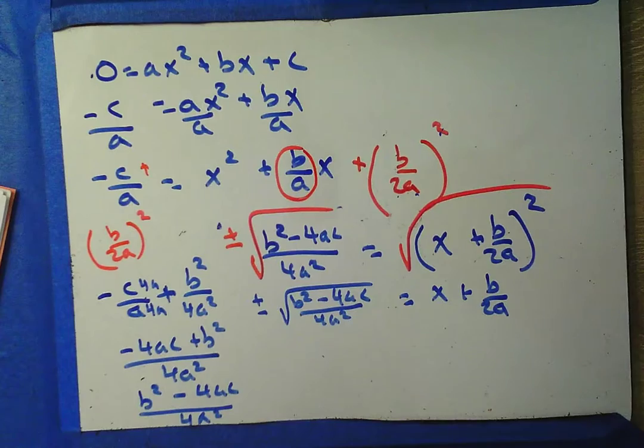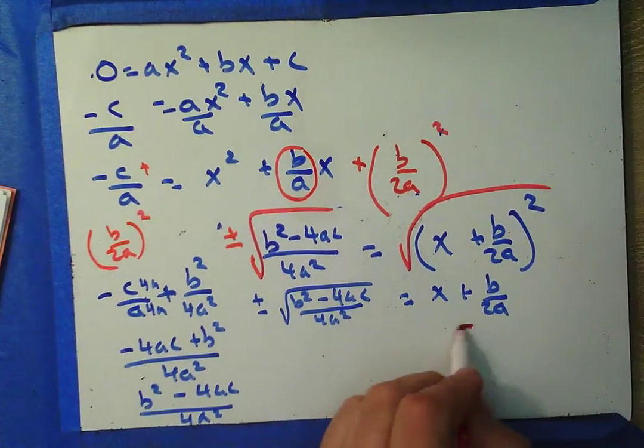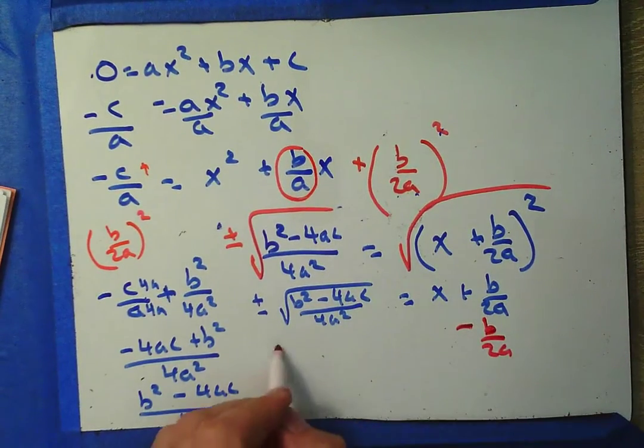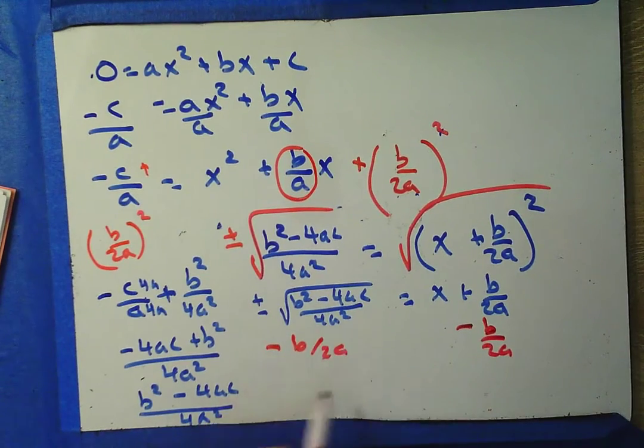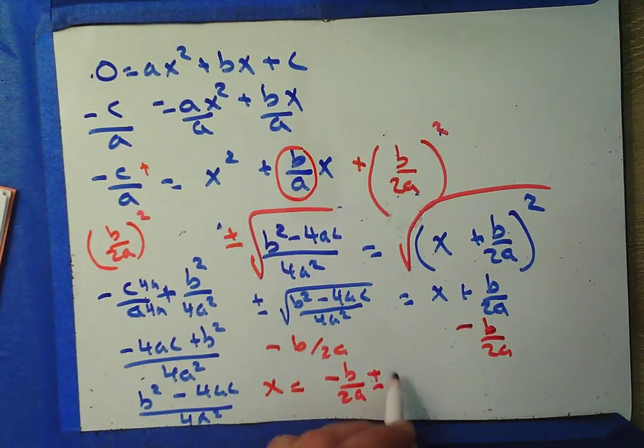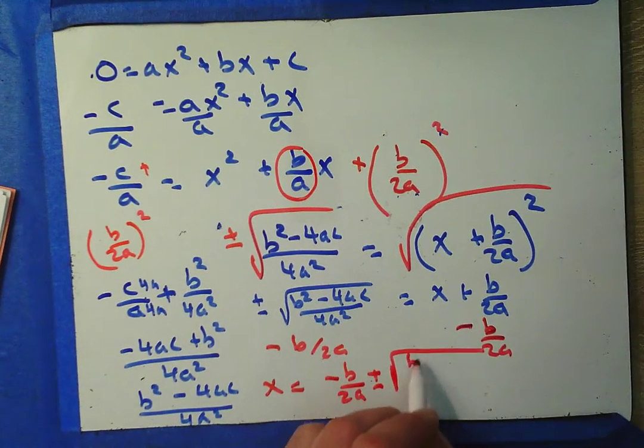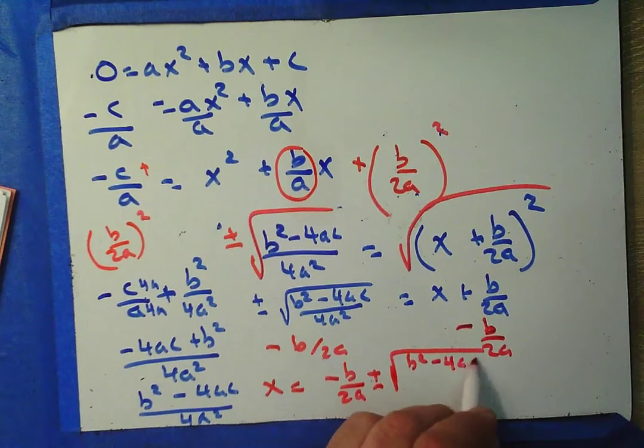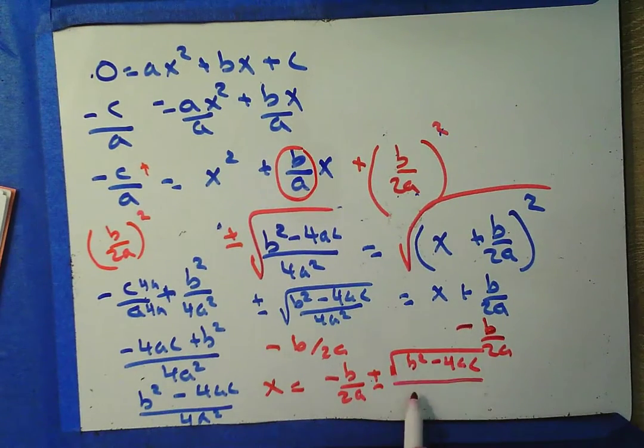Well, I'm trying to get x by itself, so I have to subtract b over 2a. And so now I've got x equals negative b over 2a plus or minus square root b squared minus 4ac all over the square root of 4a squared.